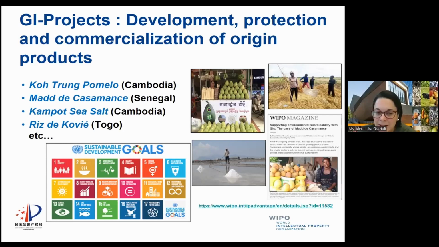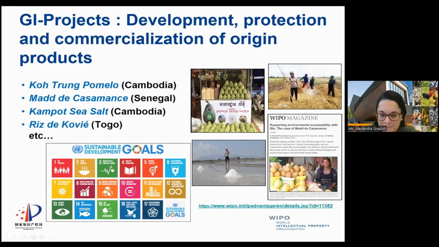We are now working on Kampot sea salt also in Cambodia, and we will do more projects in your region and in other regions in future. The reason why more member states ask us for this GI project, helping their community to recognize and protect their GIs, is also the positive role that geographical indication can play in terms of local and sustainable development.